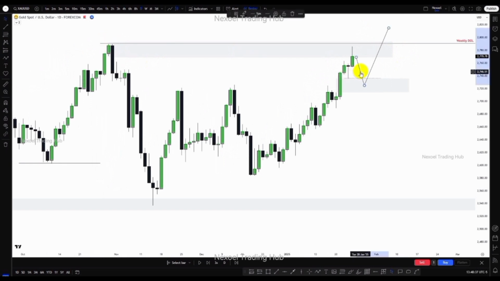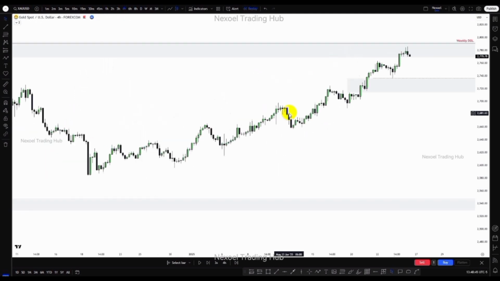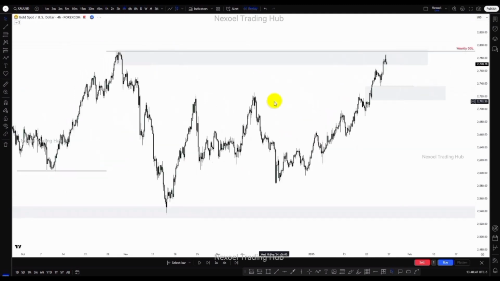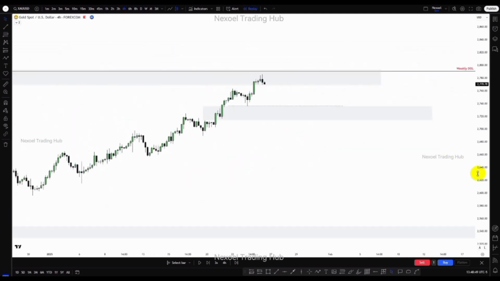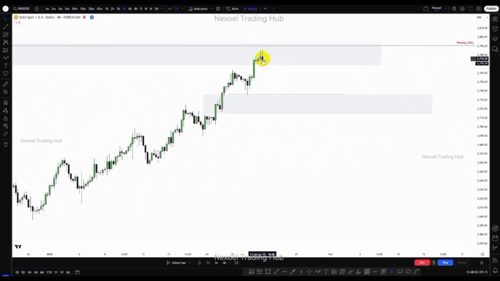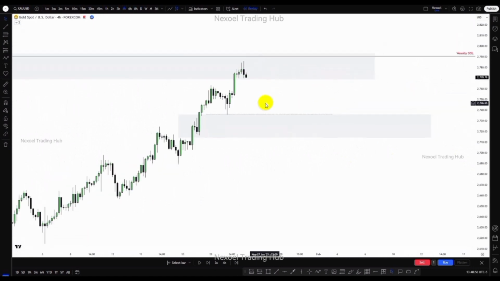Since I'm coming from the perspective of a top-down analysis, we can now go to the 4-hour time frame. So let's go to the 4-hour time frame. What we can clearly see in the 4-hour time frame is the reaction of price to the downside here, because price has given us a single candle order block.